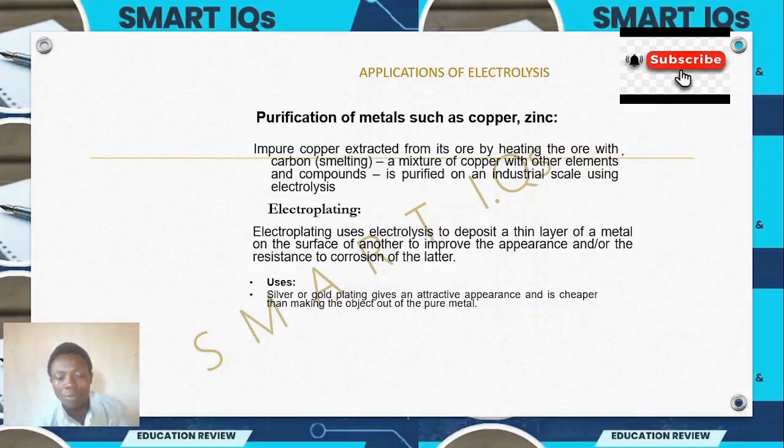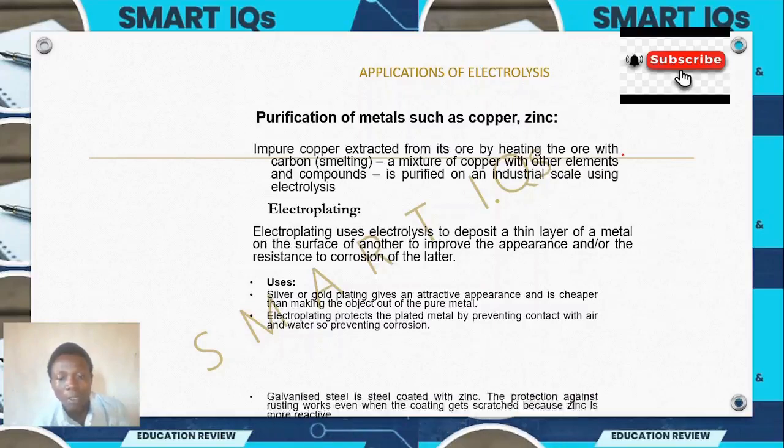So you can coat any metal with silver or gold, and that will improve the appearance of that particular substance. Are we together? Electroplating also protects the metal that is being plated, so that in contact with water it is going to prevent corrosion. Are we okay? Good.